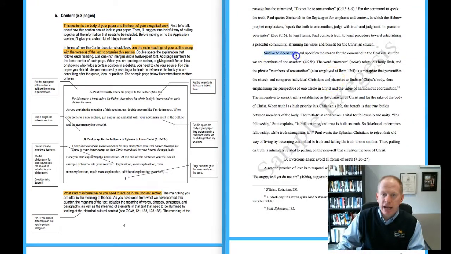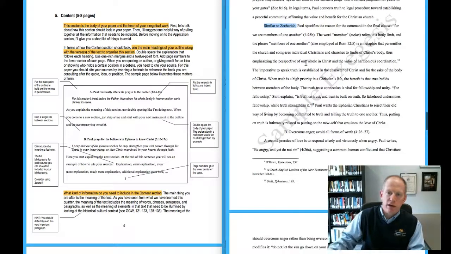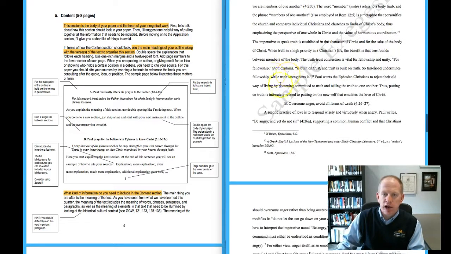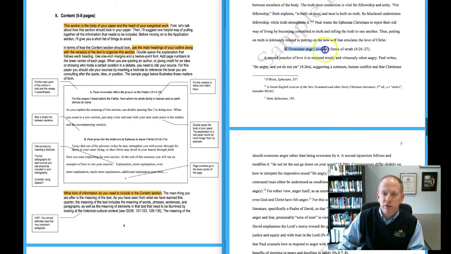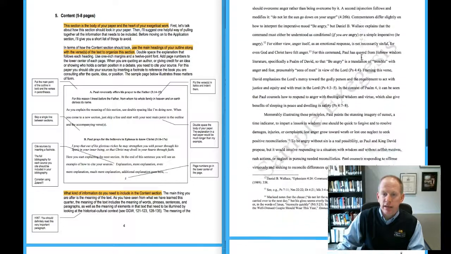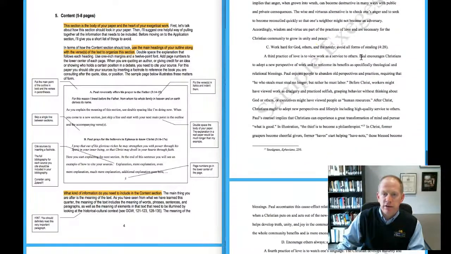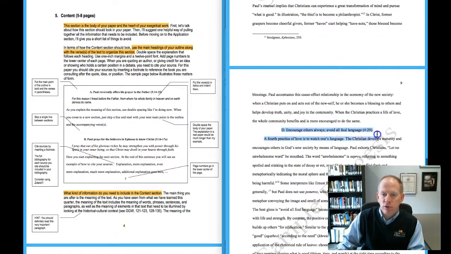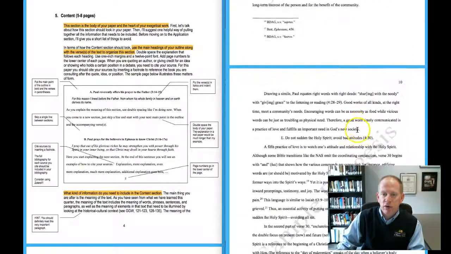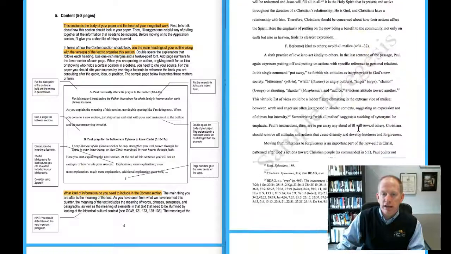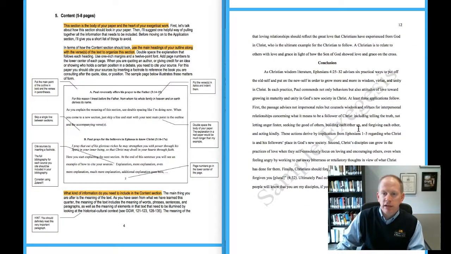Similar to Zechariah, he's doing a cross-reference there. We're building off of what scholars like John R.W. Stott have explained. Then we move on to the next one, and then we continue and continue and continue. There's the third main heading and the fourth main heading, and we go on all the way until we're done, and then we would include the conclusion.